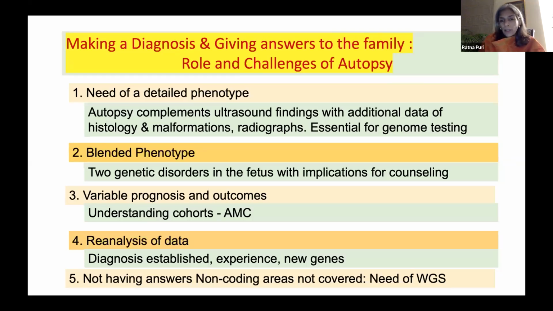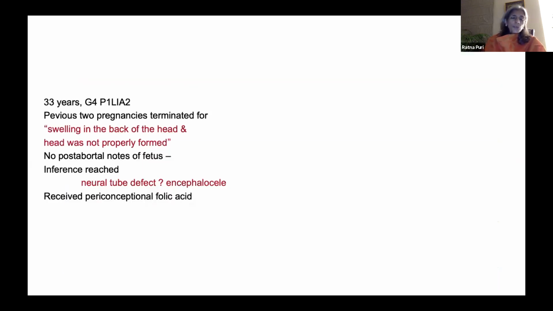If I haven't done an autopsy and I don't have good phenotype data, what am I going to reanalyze for? What am I going to reanalyze with? And that becomes imperative in this era. So I'm just going to go through some cases and highlight some of the really key points that are relevant to the points that I've just alluded to.